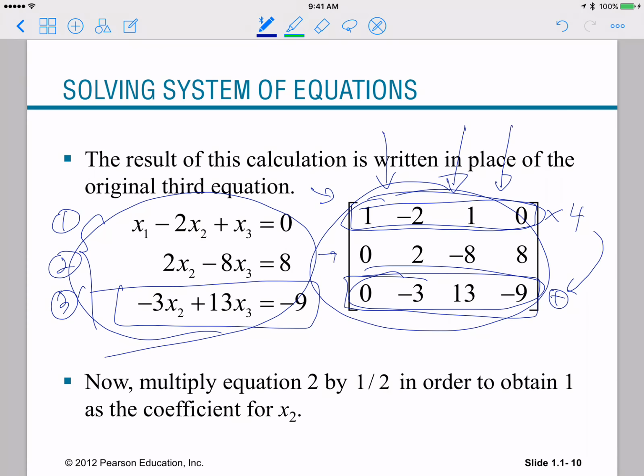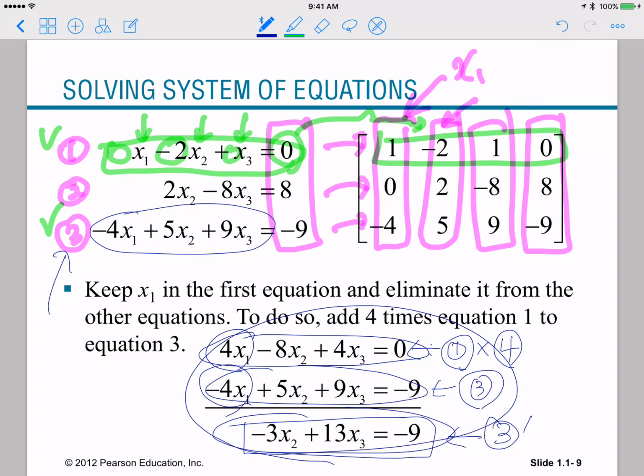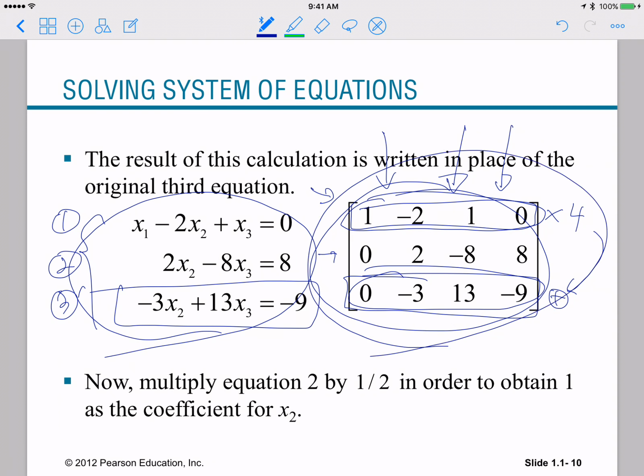So we now see the connections between this and this, right? Manipulating each row in this matrix will correspond to changing one equation into another form.